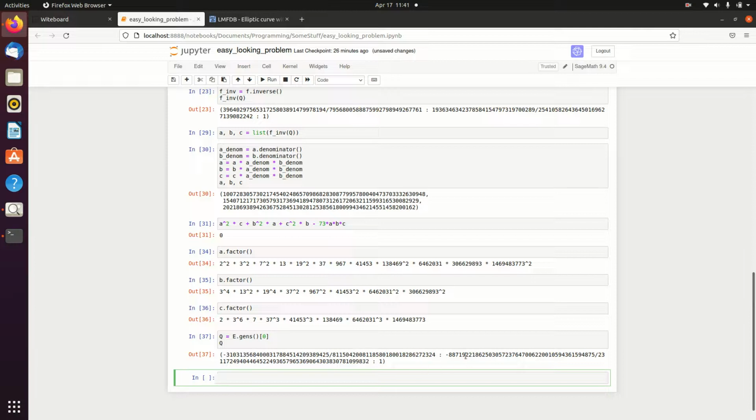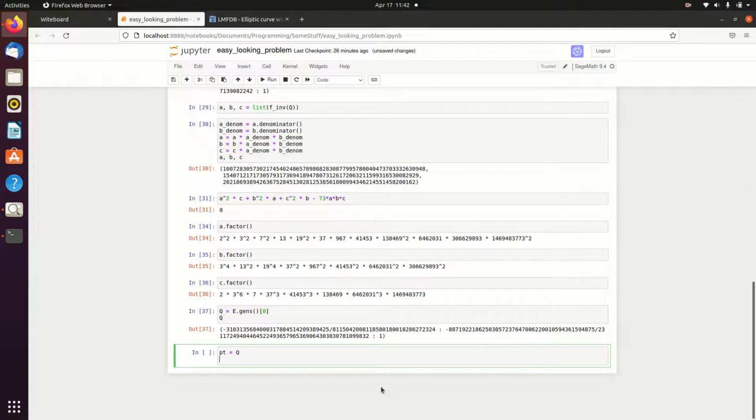Here we have negative numbers, so we don't yet have what we want.